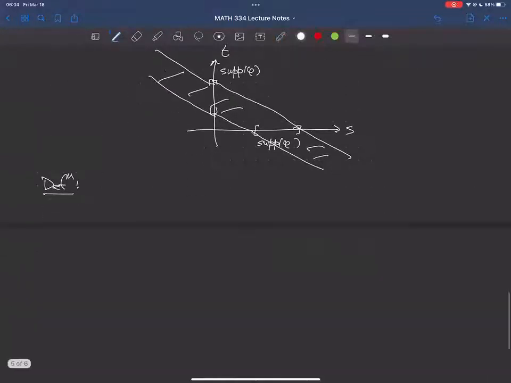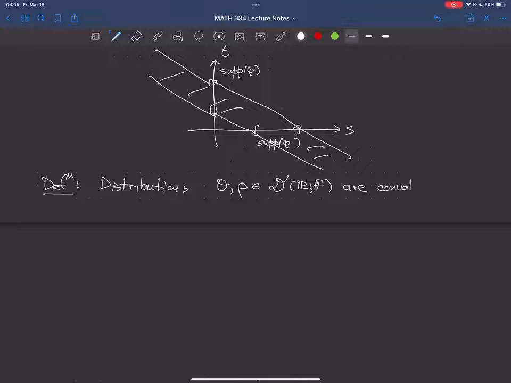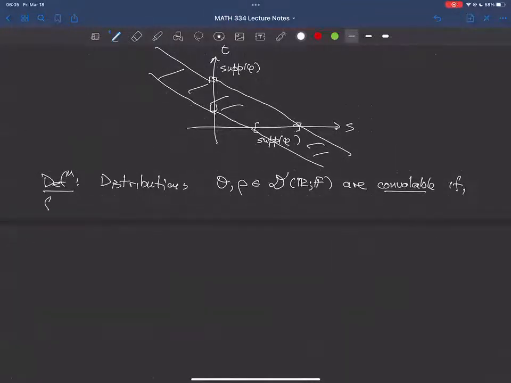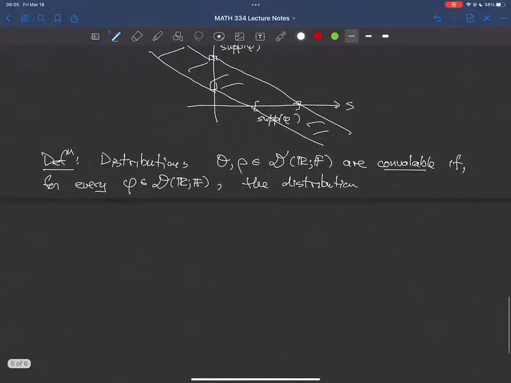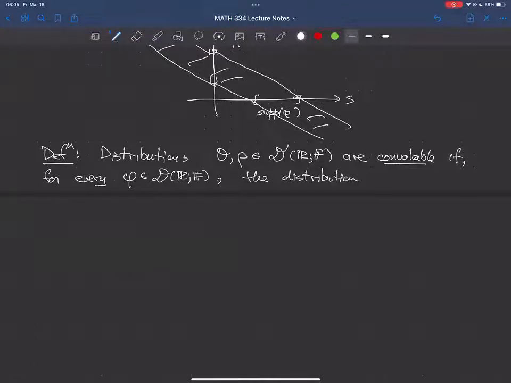All right, so first, distributions theta and rho are convolvable if for every phi, and phi now is going to be a test signal in one variable, the distribution, which is now a distribution in two variables, is going to be defined like so.